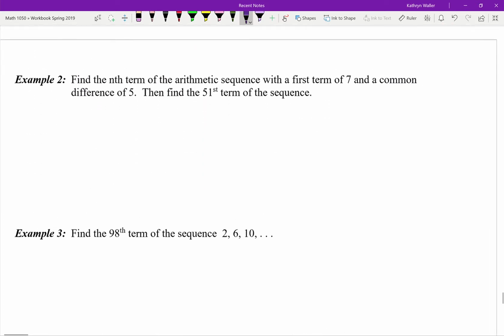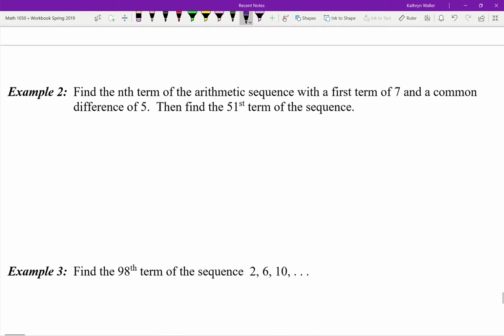Here is example 2. Find the nth term of an arithmetic sequence with the first term of 7 and a common difference of 5. Then find the 51st term. Okay? So everybody take that nth term right there, and I want you to highlight it or circle it. It's kind of weird because they didn't ask me for the 10th term or the 21st term or the 36th term.